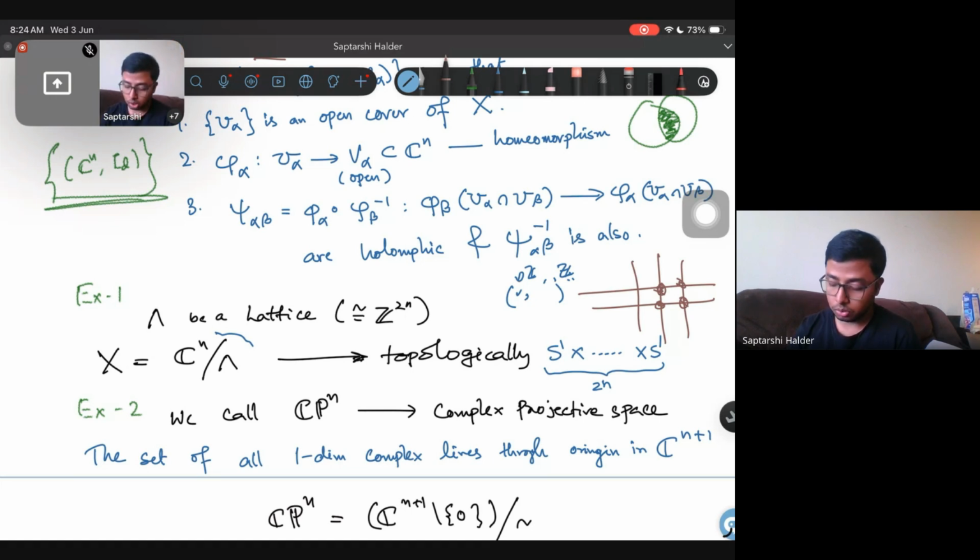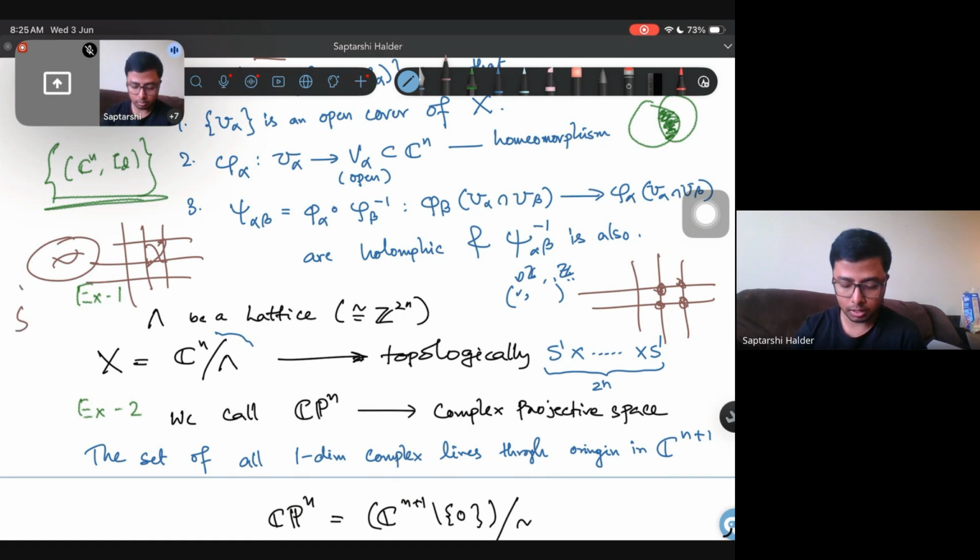Topologically it's S1 cross S1, up to S1, 2n copies. Okay, so basically if you take n as one, then you just have one identification. Suppose you have a grid like this and you identify these 2 points, and these 2 points also join, then you will get this.